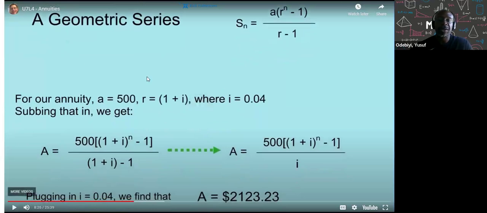So when we use this annuity formula, which is basically a geometric series, we get the same amount, exactly what we had before.